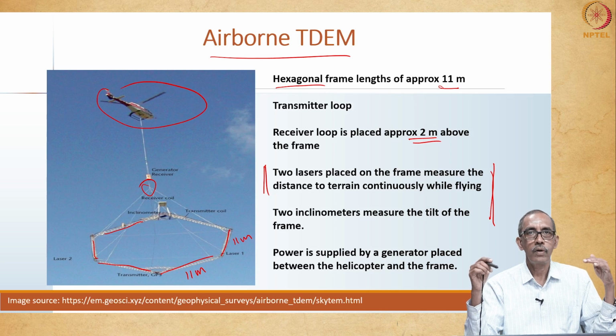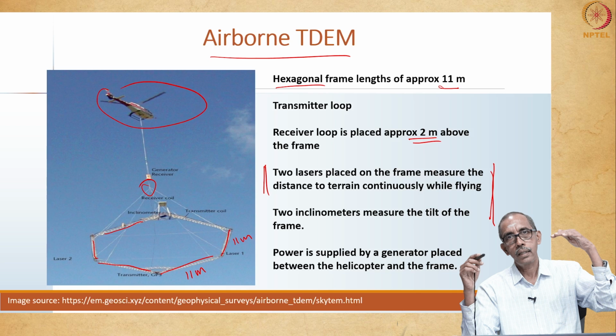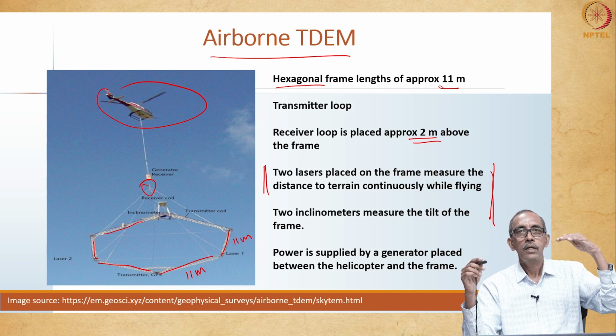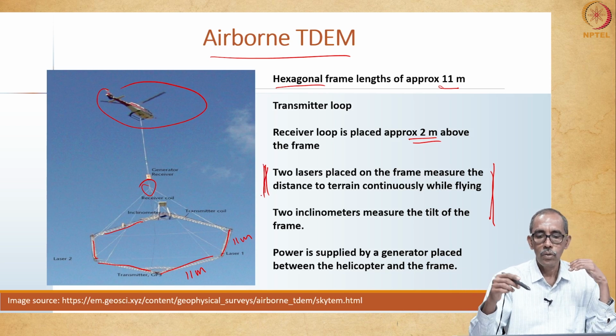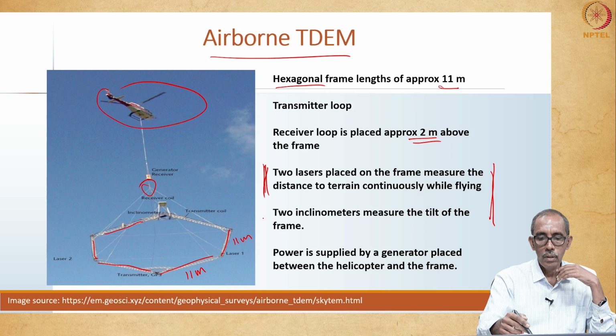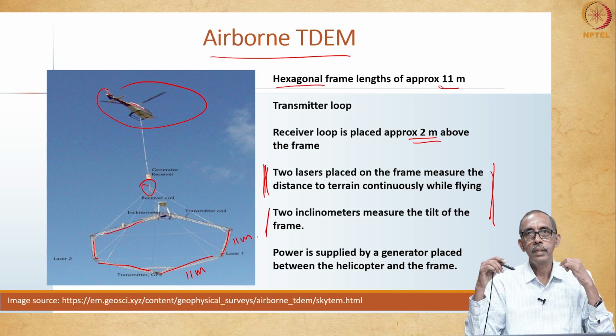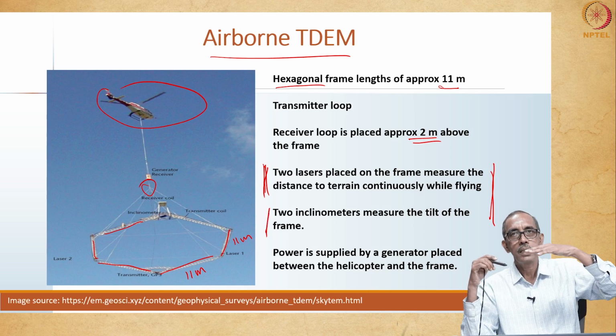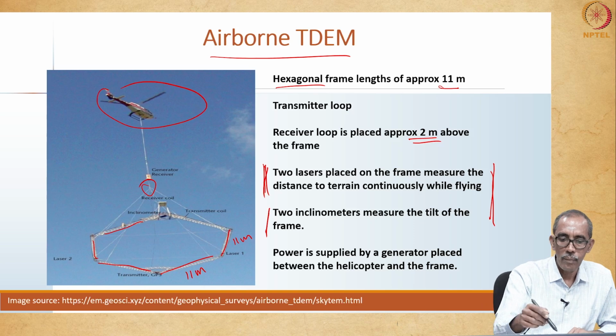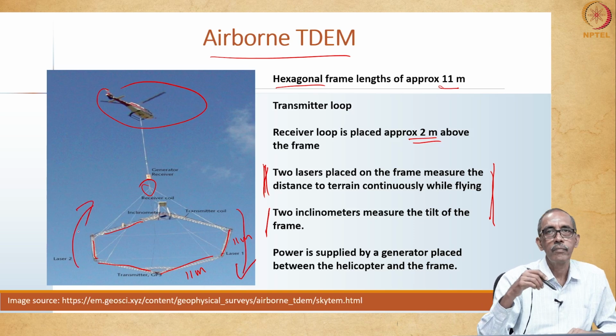Low altitude flying is necessary, about 200 to 300 meters above the ground, right. And in order to precisely measure the elevation of the frame from the ground surface, there are some tools used, and also we have an inclinometer which tries to measure whether the frame is tilting this way or that way, right.